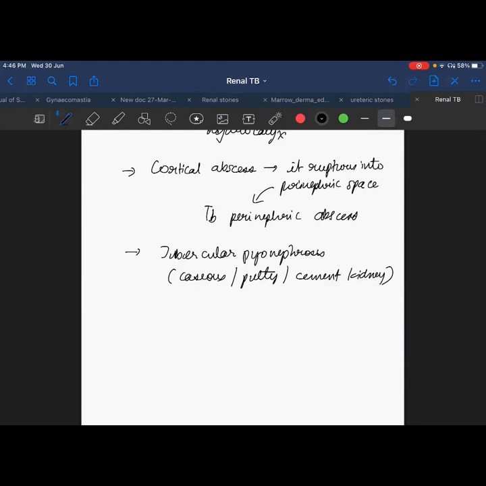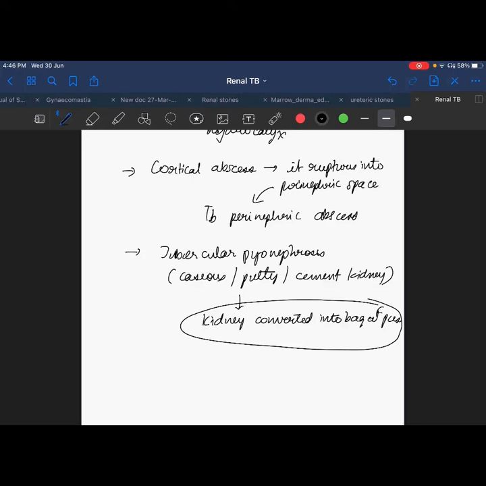Due to the infection, the entire kidney will be converted into a bag of pus. What will it contain? Obviously, it will contain tubercular caseous material.